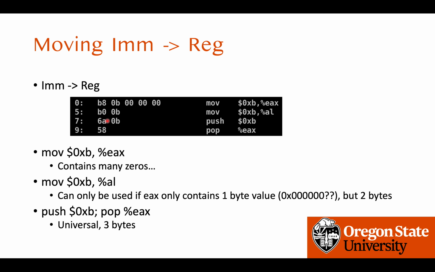Lastly, the way that I recommend is to push a 1 byte value and pop a register. The first instruction can push any value, so it's universal. You can put any positive 1 byte value on the stack, and then pop EAX.